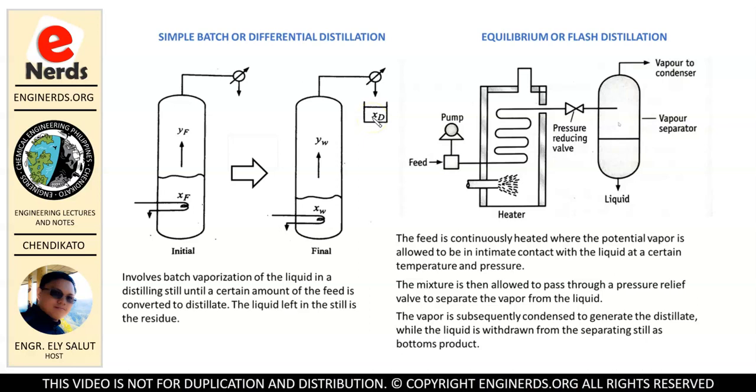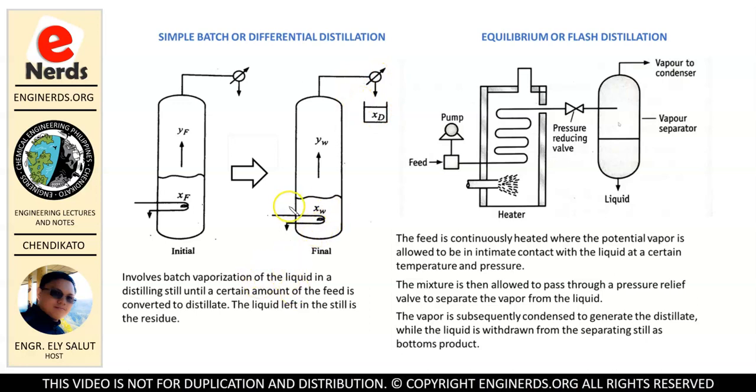Like what we saw in the previous part, in this type of operation, there is no reflux. So all of the condensed vapor we collected is collected here in our receiver. And then our less volatile component will remain at the bottom of our still. And this is what we call our residue. So this is our residue and this is our distillate.